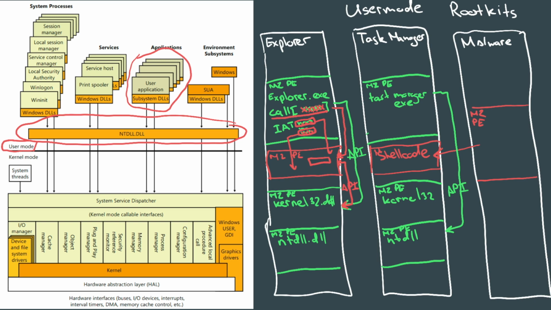However, this method doesn't really work well when the process dynamically gets the API addresses, for example, through GetProcAddress. That means malware would need to intercept GetProcAddress to intercept everything it receives, and that becomes messy very quickly because there is no clear import table to hook. So what instead malware can do, it can actually modify code inside the DLLs.